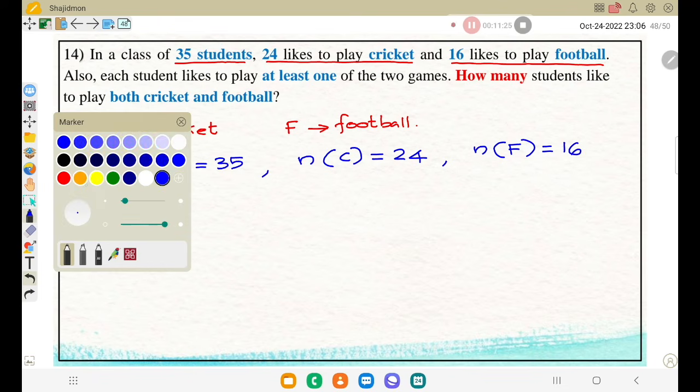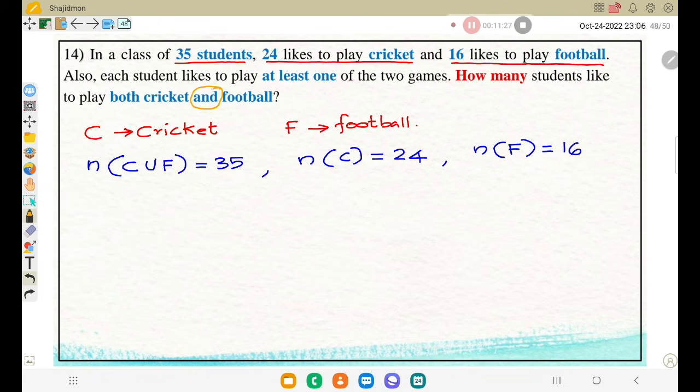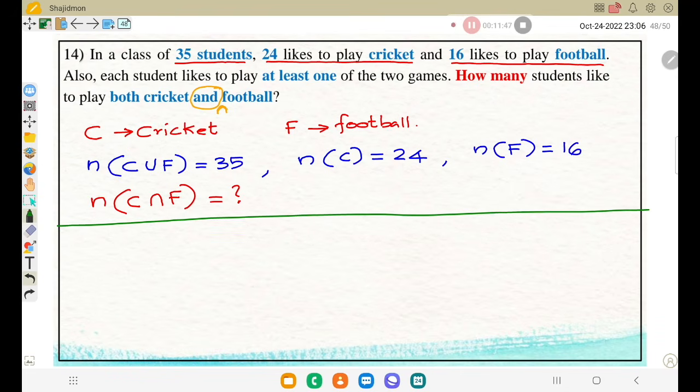And means intersection, correct? Here it is coming, intersection. So what is the question we need to do? Number of the students who are playing both cricket and football. Cricket and football, C intersection F, equal to how much? Number of students that play both cricket and football.